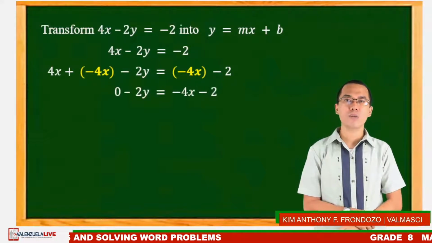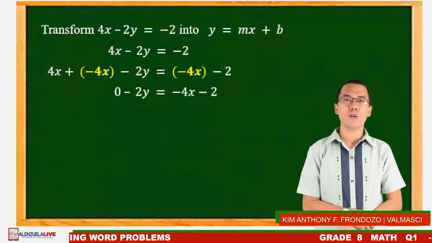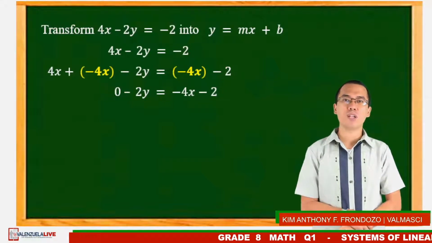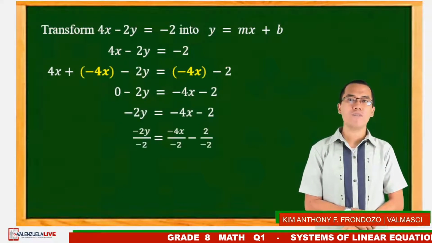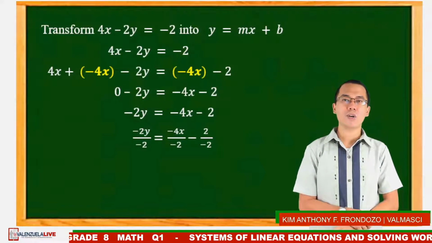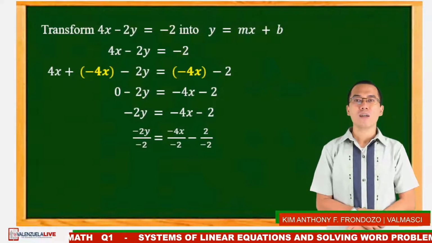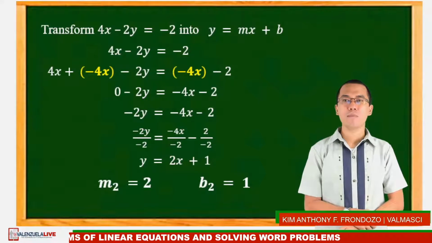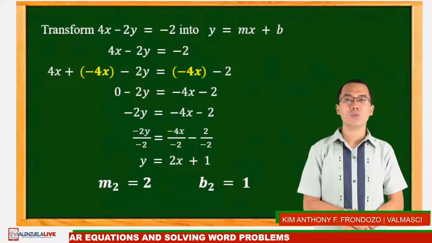So we'll have 0 minus 2y is equal to -4x minus 2, so -2y is equal to -4x minus 2. Then dividing both sides of the equation by -2, y is equal to 2x plus 1. Therefore, m sub 2 is equal to 2 and b sub 2 is equal to 1.